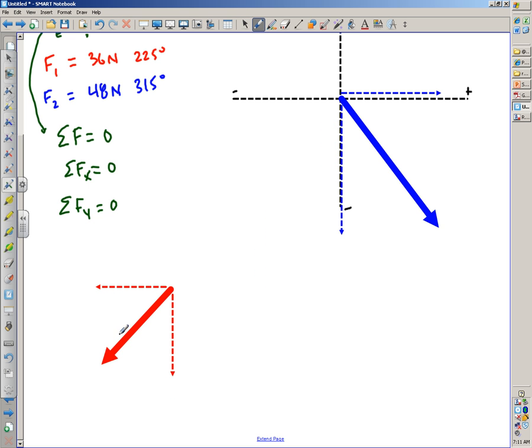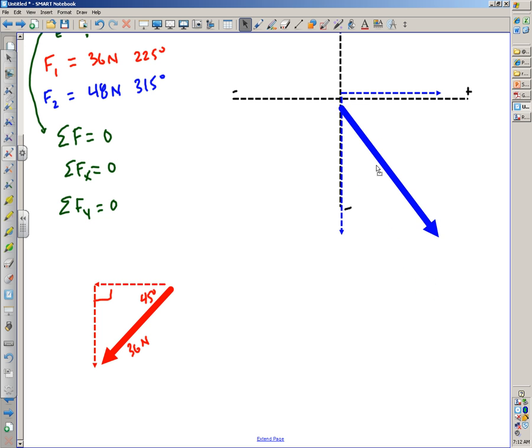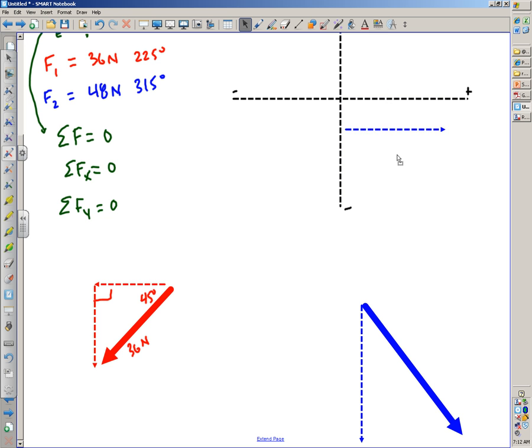We know that this is 36 newtons, and this horizontal component was along the negative x-axis, which was 180 degrees from the positive x-axis, so that means that to get to the actual force, that's 45. And we can bring that over here, right triangle, 45, 45, 90, super easy. Once again, this blue force, for clarity, I'm going to take that here, I'm going to take that here, I'm going to take this here.